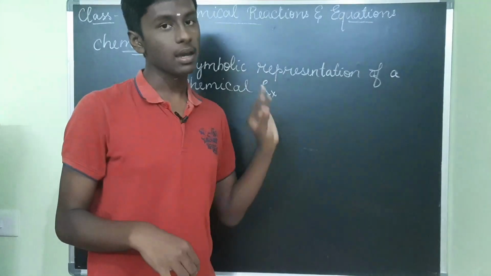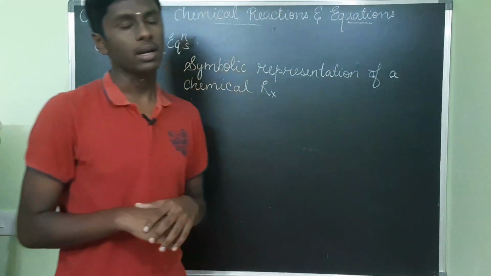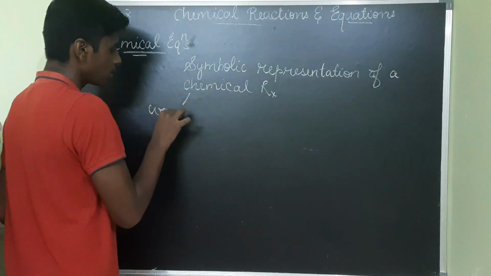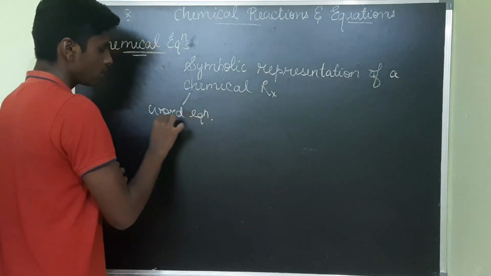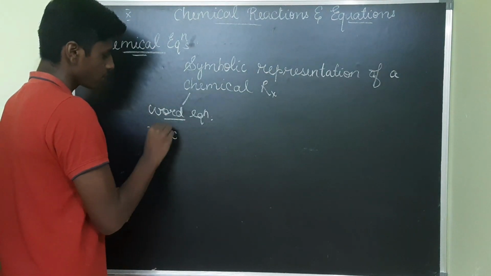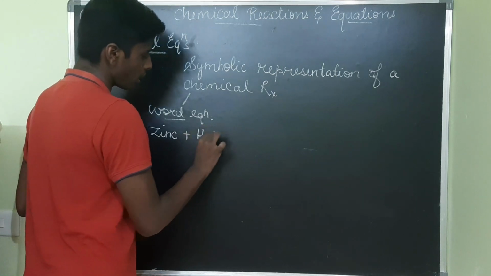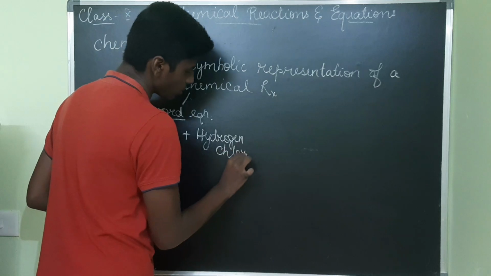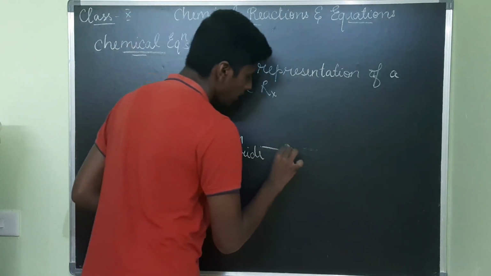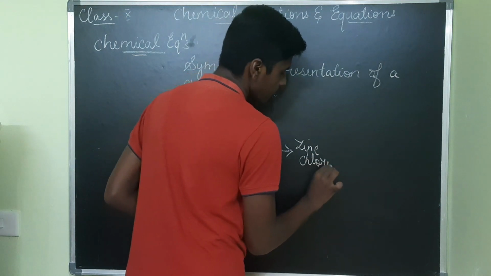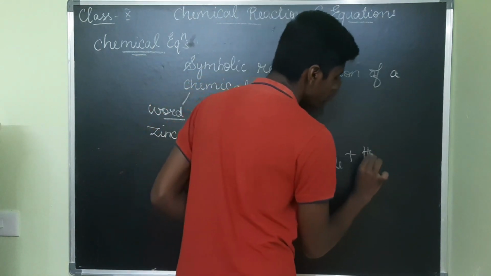First, let's try to understand what a word equation is. We will understand through an example. Zinc plus hydrogen chloride gives zinc chloride plus hydrogen gas.